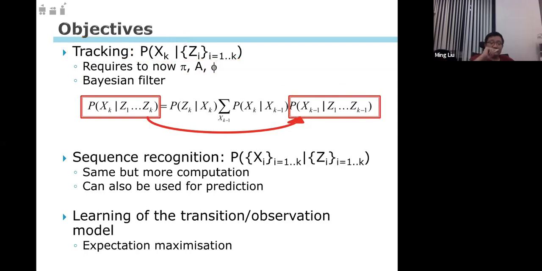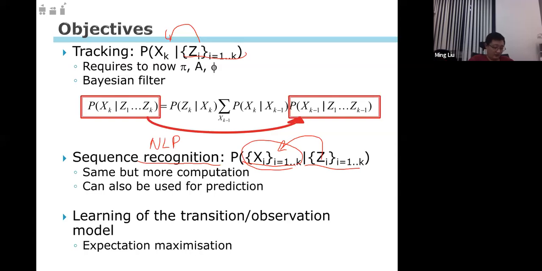A second type of problem that can be solved by HMM is sequence to sequence. Previously, it was a sequence to a point. Now you have a sequence to sequence. Based on the sequence of observations, I want to know the sequence of states. This recognition problem can be used for natural language processing. So I'm speaking, I try to say something, and this something is hidden.